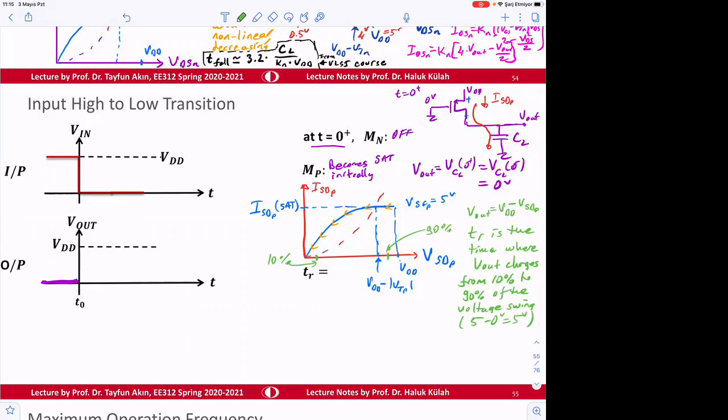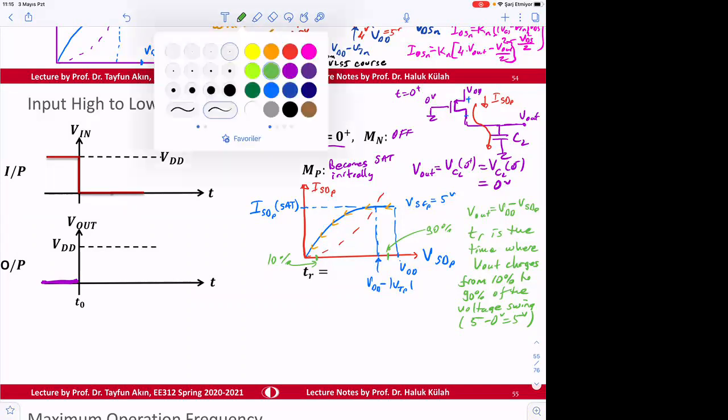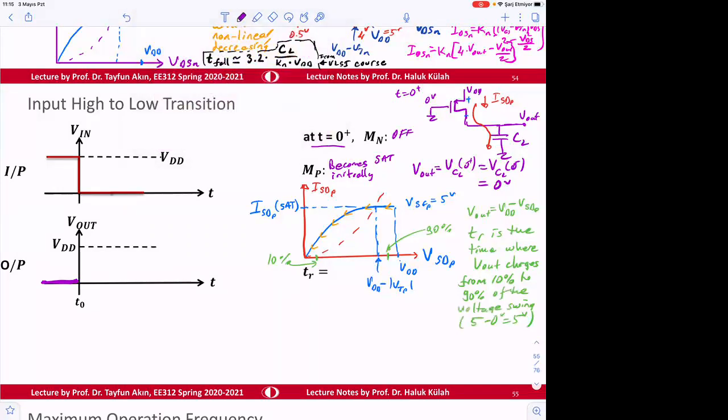So again, we can calculate that rise time. And if you look at what happens here, this is going to be initially increasing linearly until which voltage?